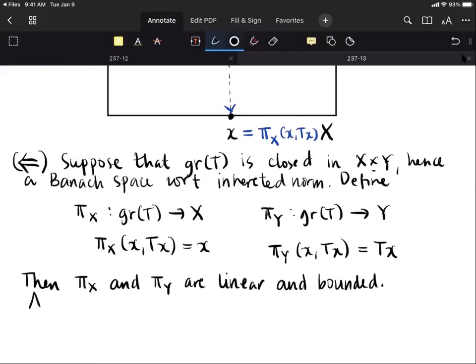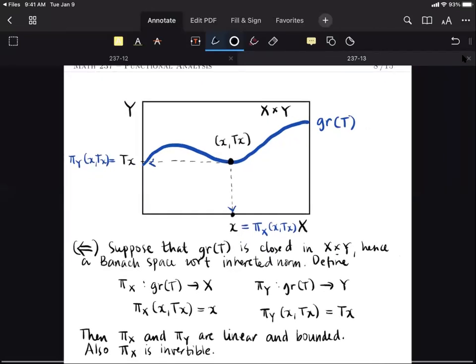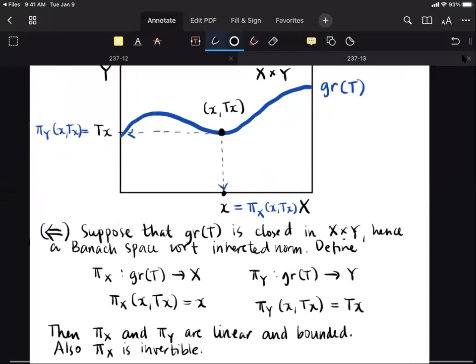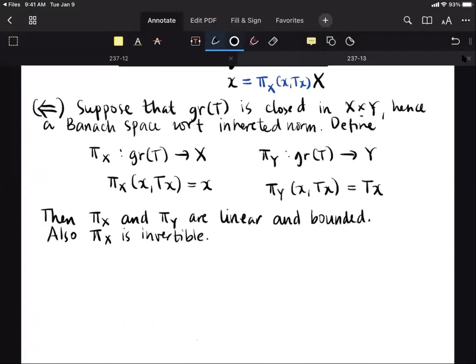Also, pi x is invertible. You can use the fact that T is a function. So a point on the graph corresponds to a unique point x with respect to its projection on capital X.